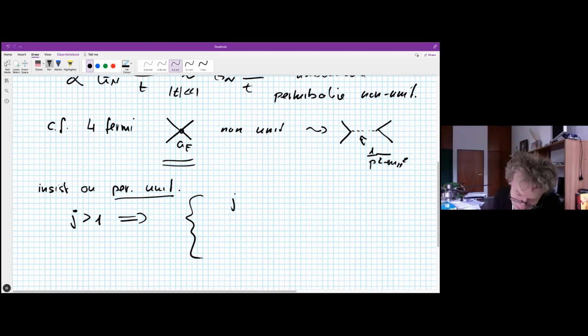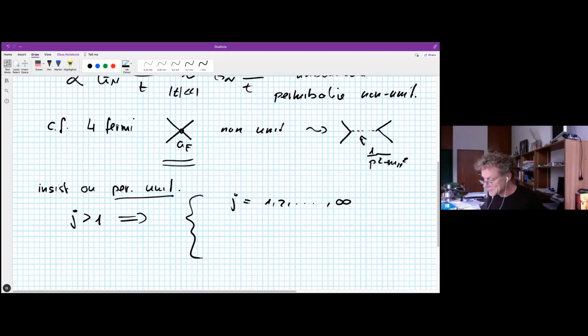So J needs to actually be 1, 2, up to infinity. You need an infinite number of particles with increasing spin. Otherwise, I'm not going into details here, but you just look at the partial wave decomposition of this amplitude, and you'll find that this is otherwise not possible.